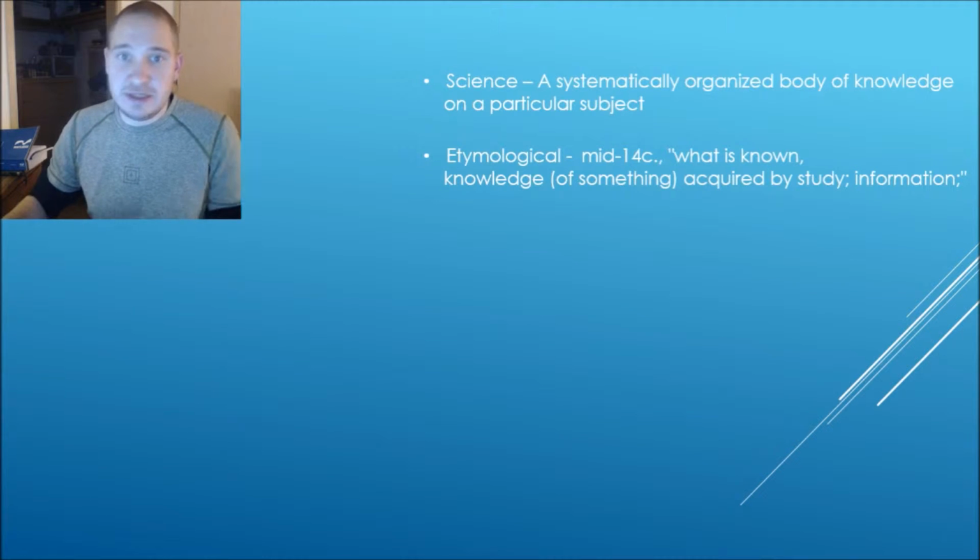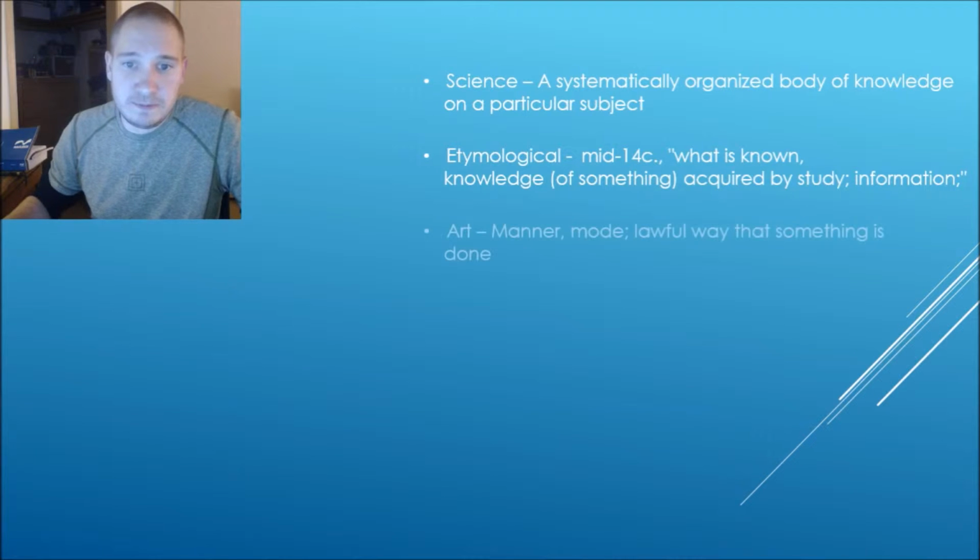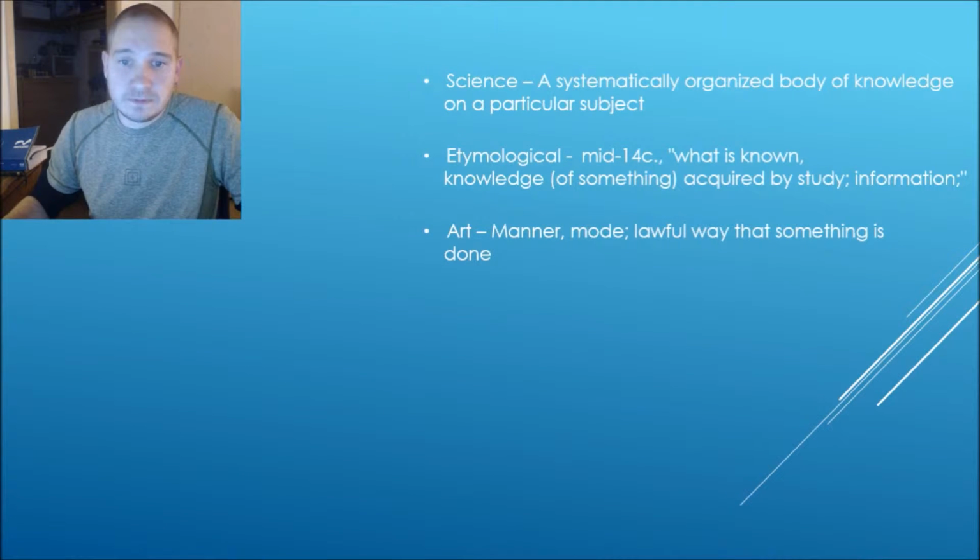So it's the history of a word. What is known? So the etymology of science is what is known, knowledge of something acquired by study, its information. Art is defined as manner or mode, a lawful way that something is done.